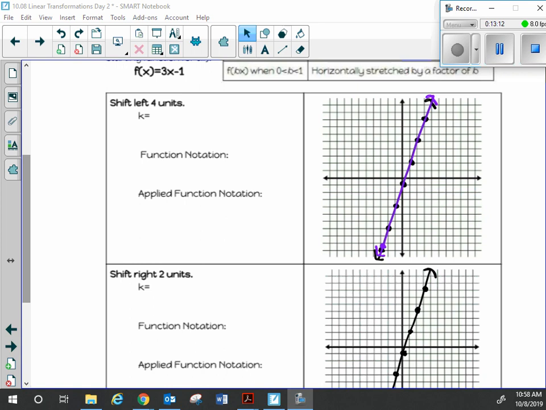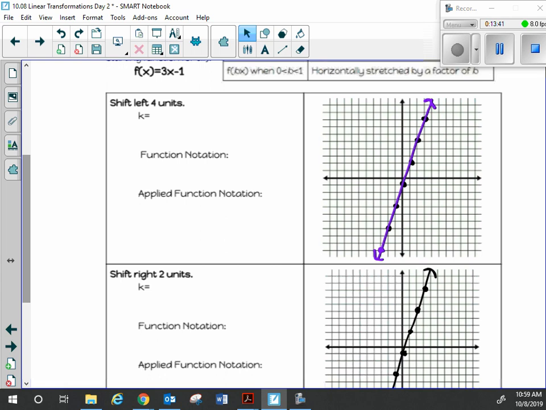No, but if I look at shifting something, I'm going left 4 units. If I look at shifting it left, what else is happening? X-intercept change. Okay, the x-intercept is changing, but what's happening to the y-intercept? Increase. It's increasing. So while I'm moving to the left, my y-intercept is also increasing. So here's where I'm going with that.